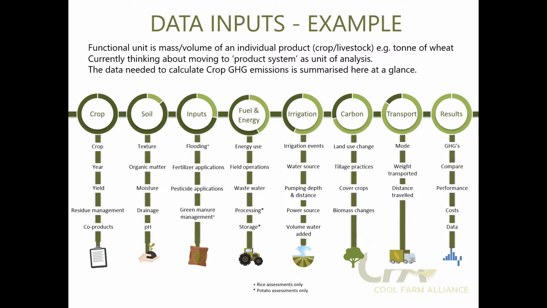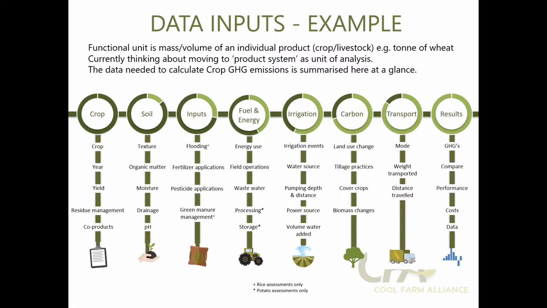Then come inputs into the farm: fertilizer, pesticide applications, manure management, and then fuel use, fossil fuel use, use of energy or renewables, wastewater on farm, and anything about irrigation, so irrigation events, pumping distances, and power use for irrigation. Then land use change, around tillage practices, cover crops, forest planting, and then transport of the crop either to or from the farm, and then they get the results.